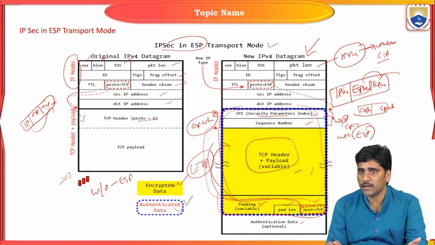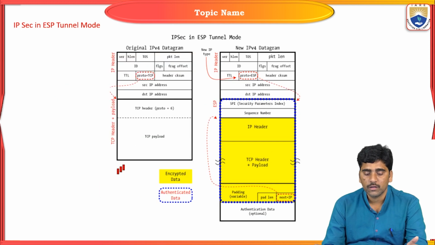The next header in the ESP trailer indicates the TCP header plus TCP payload. This is how IP security works in transport mode with the help of ESP, Encapsulating Security Payload.